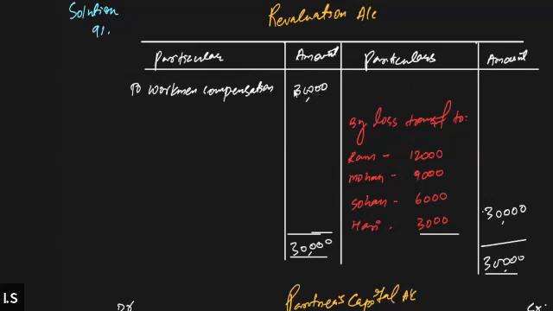Am I clear, everyone? Yes, sir. Okay, so go to the revaluation account and write down To Workman Compensation 30,000 on the debit side.